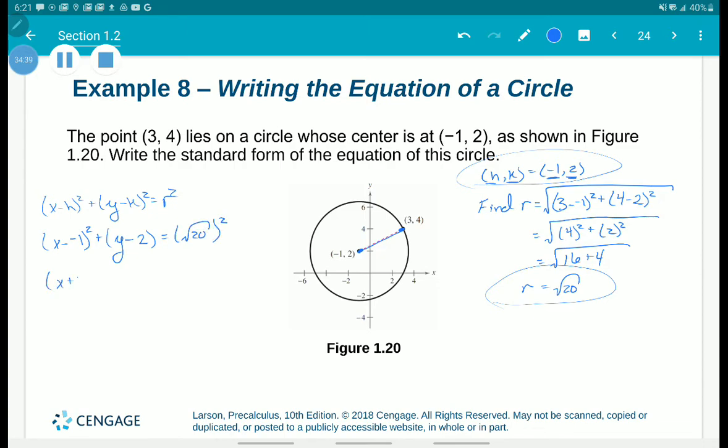So we have (x plus 1) squared plus (y minus 2) squared is equal to 20. So there's our standard form of the equation of a circle.